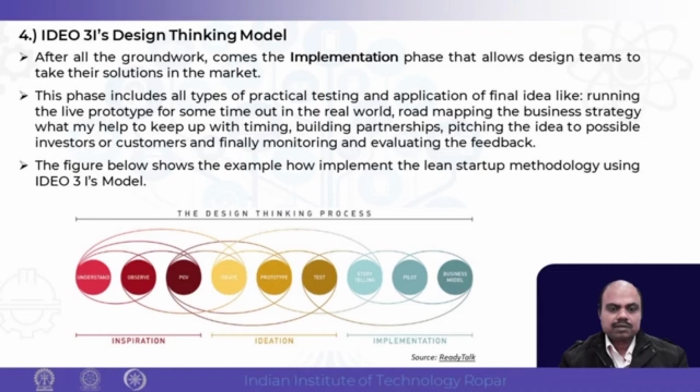So first we understand, observe, POV, ideate, prototype, test, storytelling, pilot, and then business model. So the first three phases we can say are inspiration, the middle three phases ideation, and the last three phases implementation.